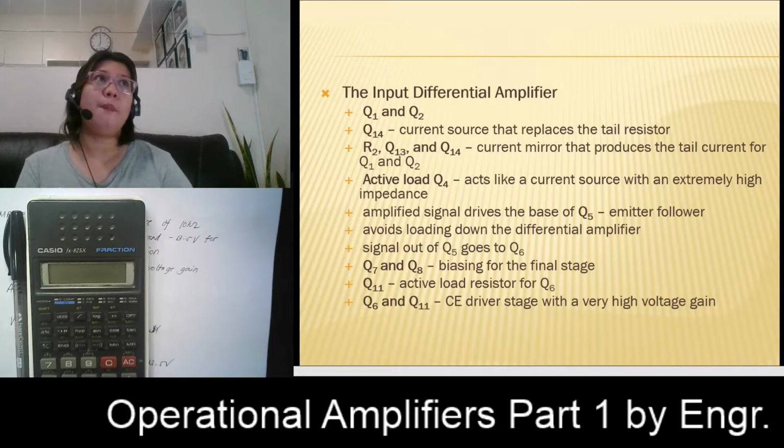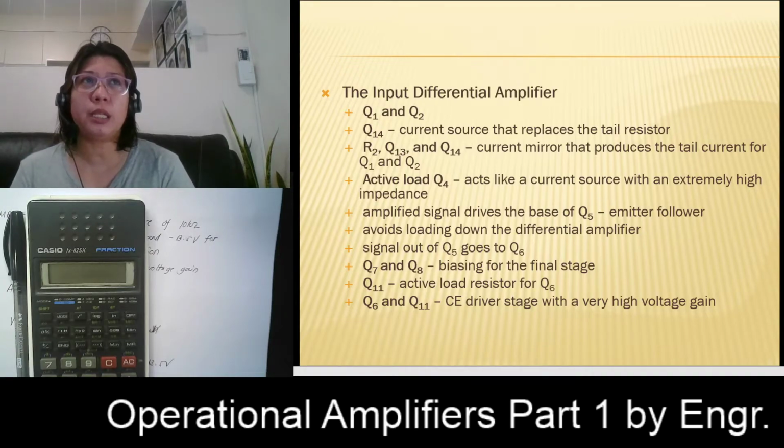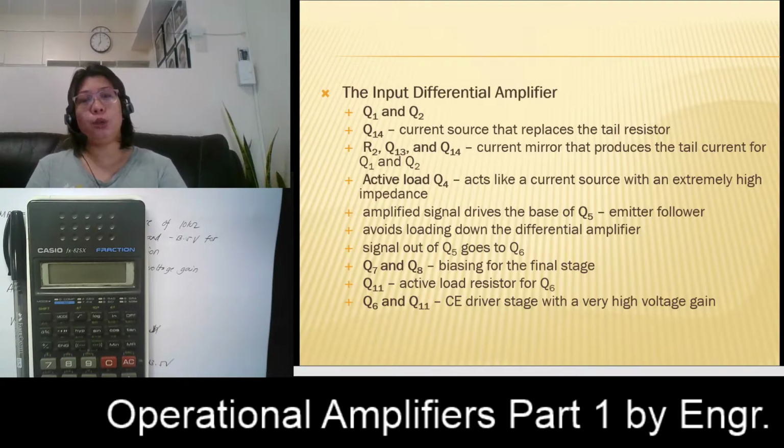In an integrated circuit, it is easier to place a diode or a transistor compared to passive components like resistors and capacitors. So instead of the tail resistor that we have discussed in the differential amplifier, we just replaced it with a current source.